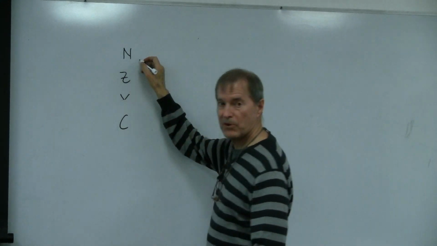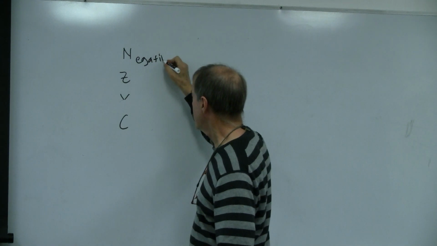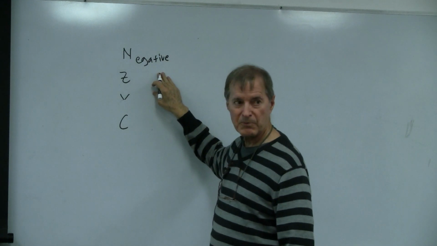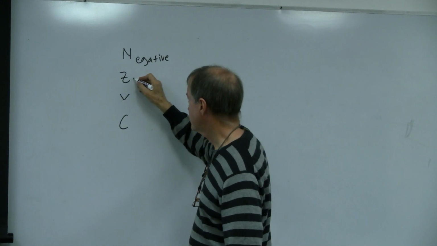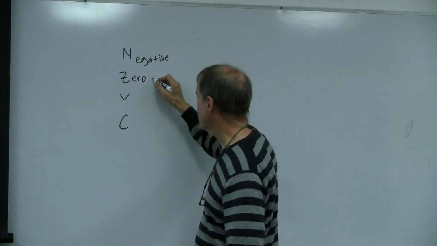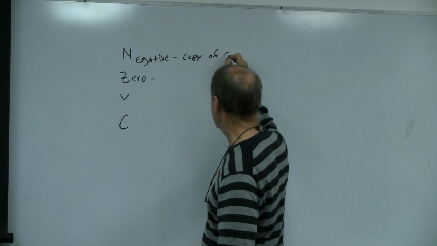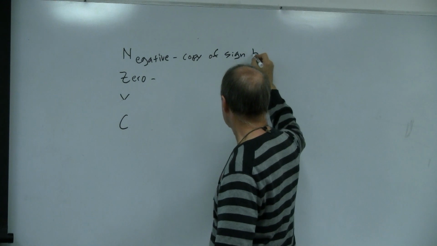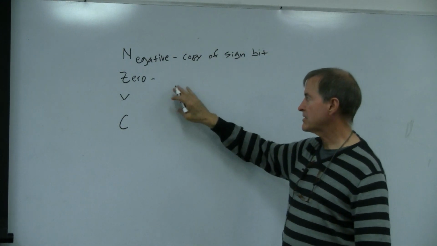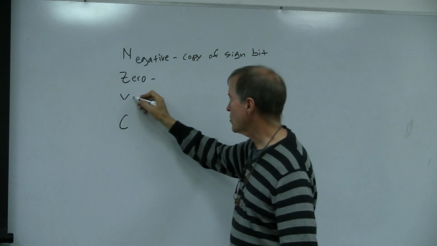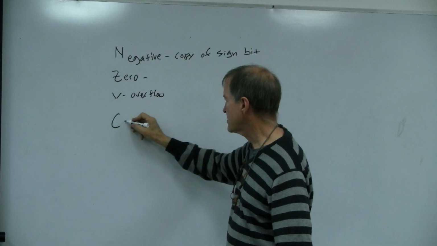N, remember N is negative. That's just a copy of the sign bit, right? Z was what? 0. So N was a copy of the sign bit, and V is overflow, and C was carry.